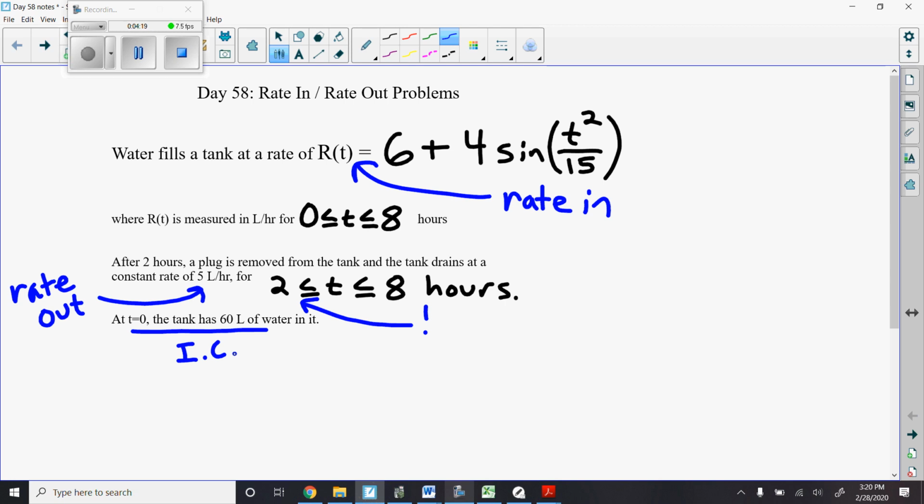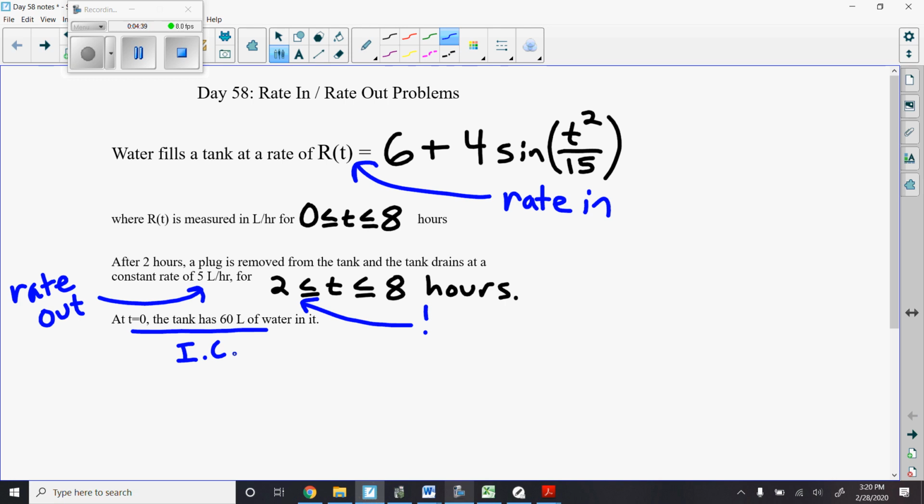So when you get these problems, you're going to want to annotate them. We need to pay attention to the rate in, the rate out, and the initial condition. Sometimes the initial condition will be the tank is empty at the beginning. Well, that's still an initial condition. It's just an initial condition of 0.